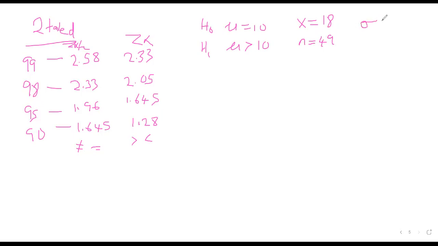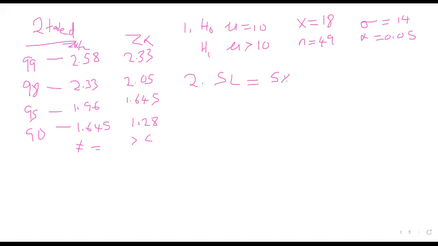Our standard deviation is 14, and the alpha is 0.05. Okay, so step one, set the hypothesis. The hypothesis is already here. Step two, the level of significance, which is what? 5%, right? 5%.